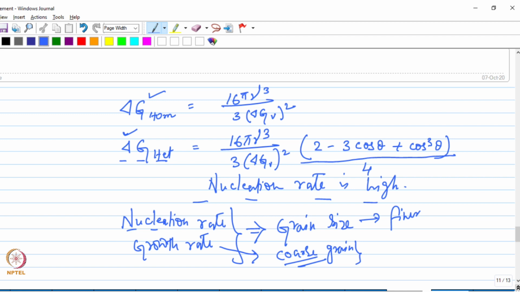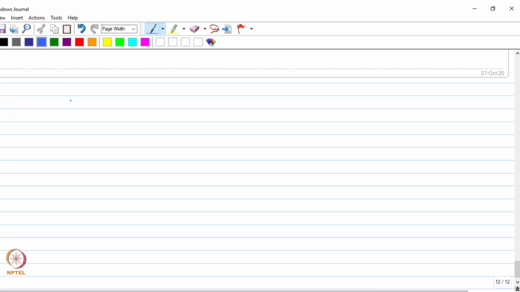Inclusions are not the answer for that, because many times inclusions, if they are present, can be detrimental for many properties such as ductility, fracture toughness, and so on. So we cannot really rely on these inherent inclusions which may be there due to some reason. Therefore, externally we need to create some nucleation sites by having suspended particles in the melt.